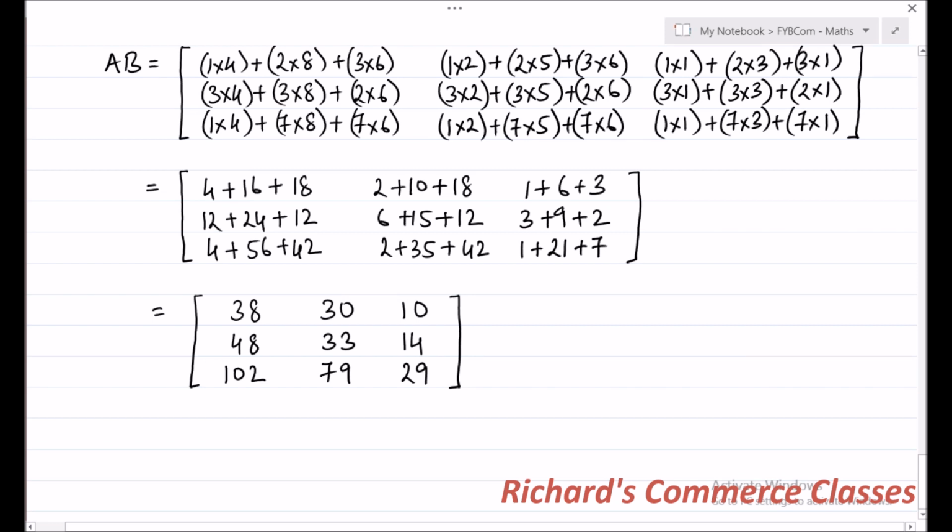This is how you multiply a 3 by 3 matrix.